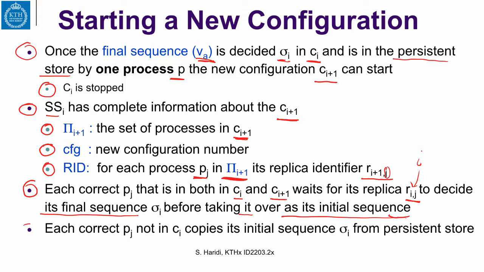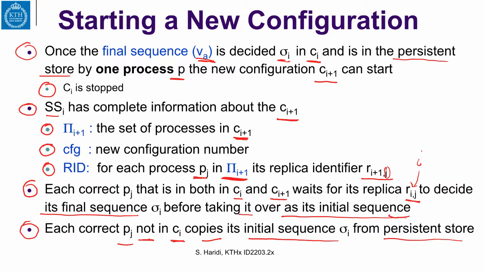And each correct process Pj that is not in configuration CI, this means it is a completely new process, it could be on a completely different machine, copies each initial sequence sigma I from the persistent store.